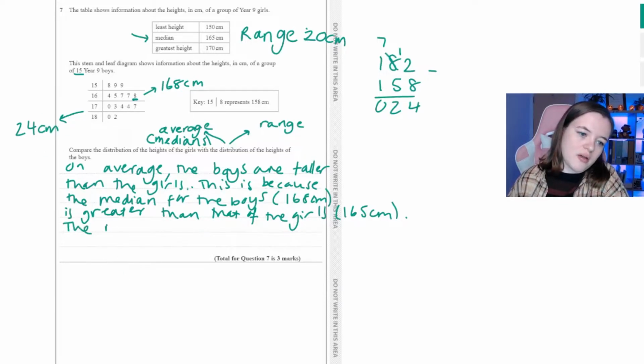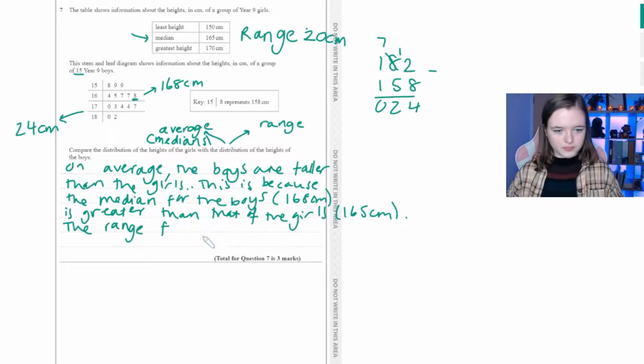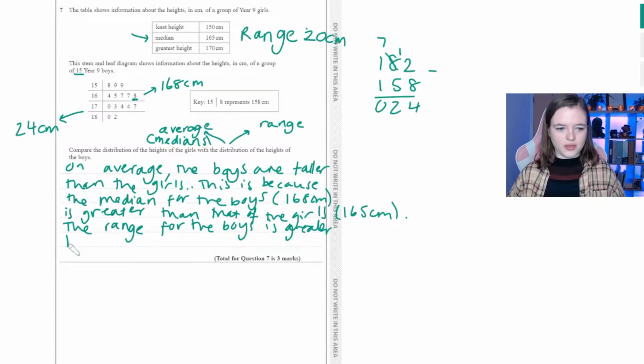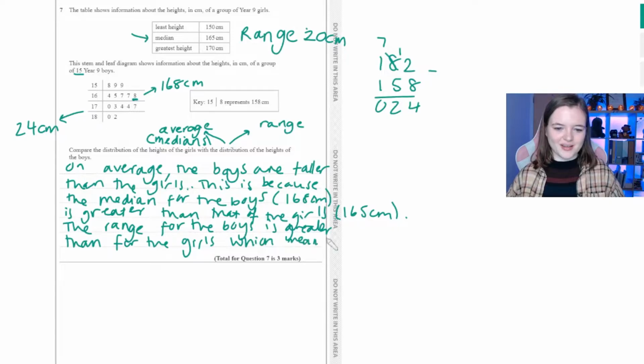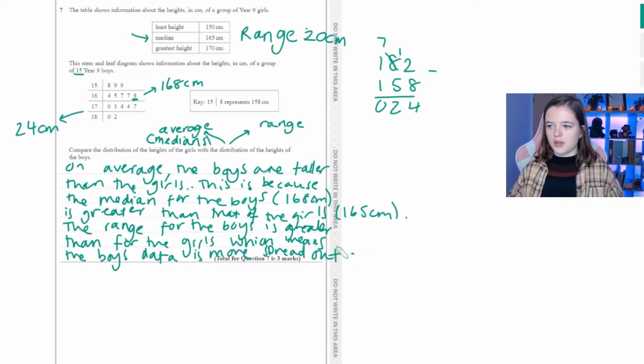So the range for the boys is greater than the girls, which means the boys' data is more spread out. There we are. Hopefully you can read that.